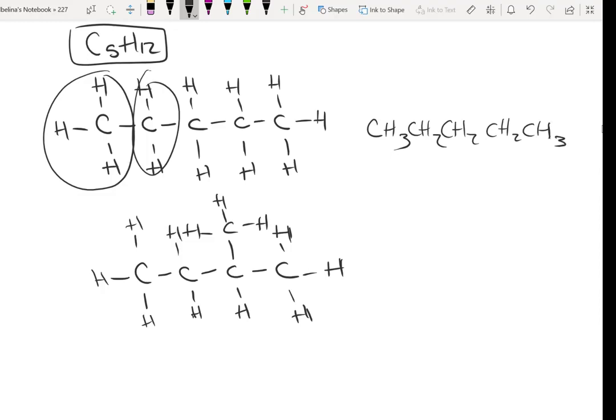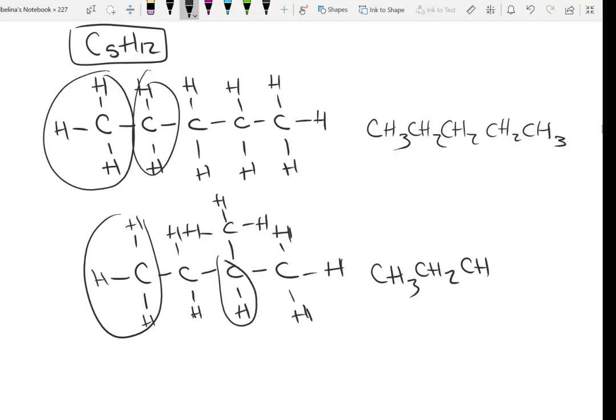If I wanted to write the condensed formula for the isomer at the bottom, starting from left to right, CH3, CH2, then I have a CH, here's a CH. On that carbon, there are 2 methyls, so I can put them in parentheses and put a 2 on the outside, because that carbon, which is this carbon here, is bonded to a hydrogen and 2 methyls. So there's the condensed structure.